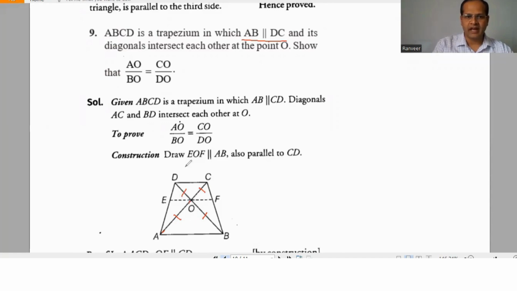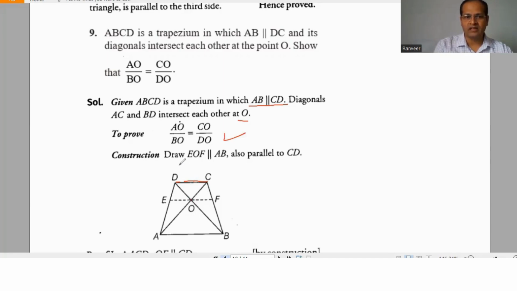Now ABCD is a trapezium in which AB is parallel to CD, it is given, and diagonals AC and BD intersect each other at the point O.